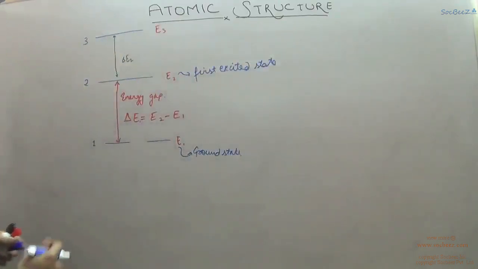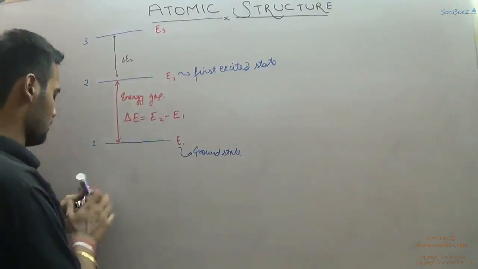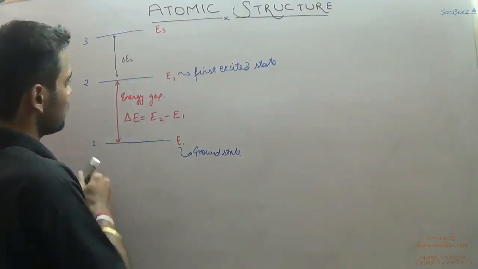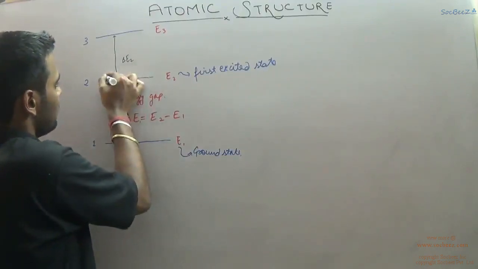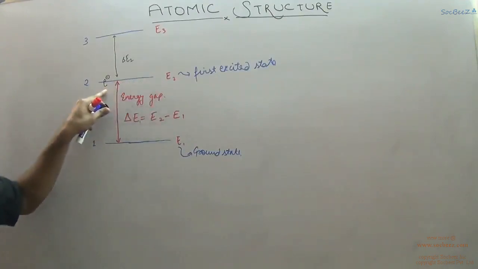Now suppose the electron is in the first excited state. It cannot stay in this level because it is unstable.